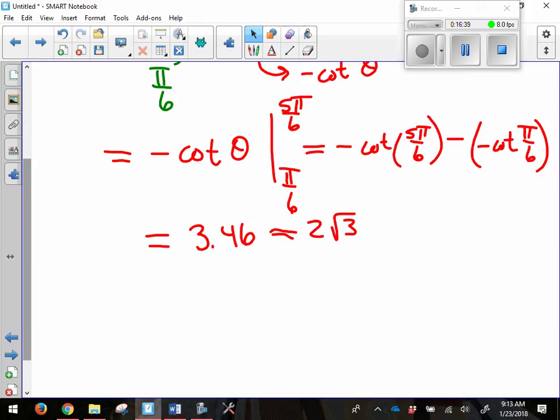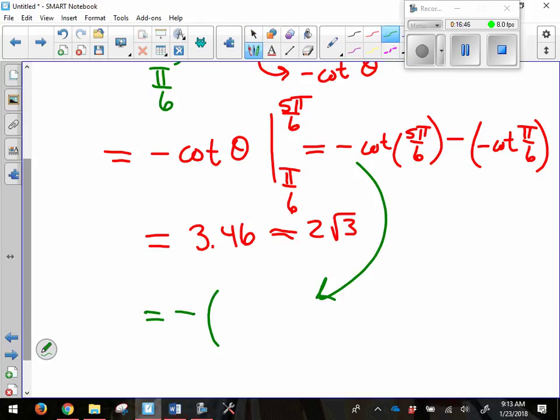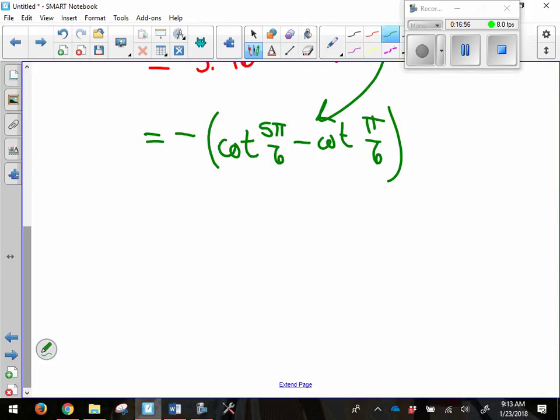So when I do it, what I did was I pulled out the negative sign. Okay. So I've got that negative sign.